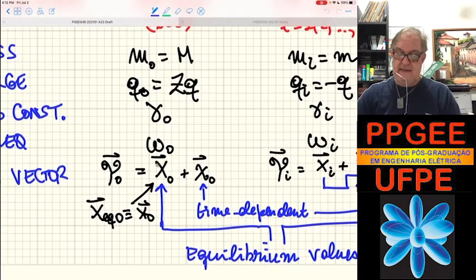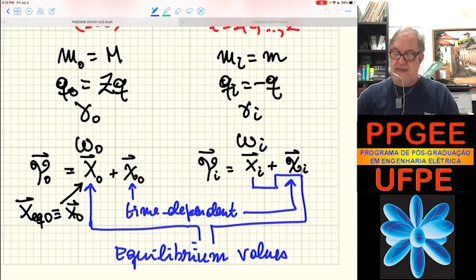This is straight x0 plus the curly x, which is a variable, the displacement of the nucleus relative to the equilibrium position. For the electron, the time-varying position vector curly y i equals the equilibrium position plus the displacement xi.